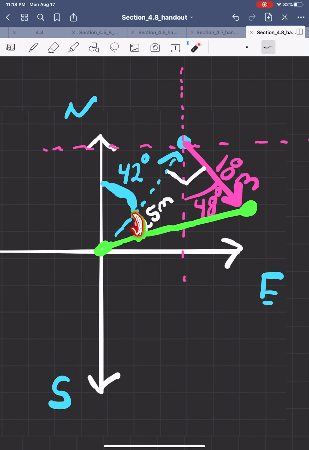Well, let's think about what we have. Remember back to what do we have, what do we need? From this angle here, do you know the opposite side of this angle? Well, yeah, we know that, right? That's 18 miles.